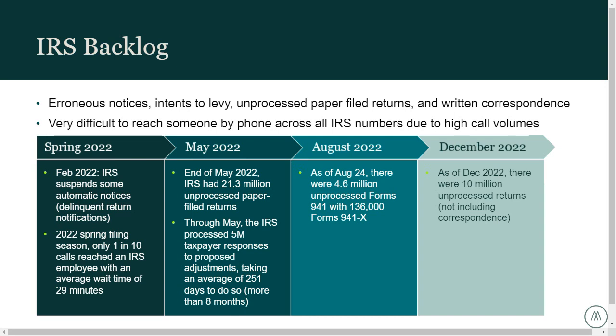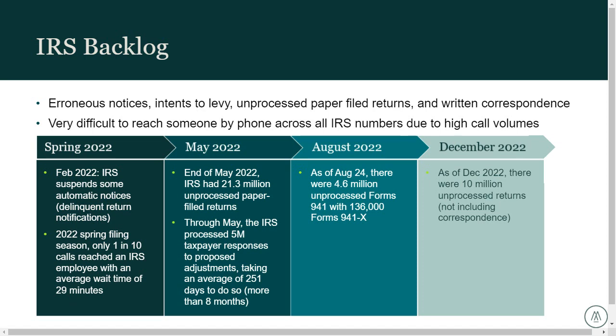And then the correspondence that was sent in return, of course, created kind of a circular loop, as the notices continued to go out because they had not yet processed the written correspondence that was sent in response. So the IRS does have a letter consolidation effort in place to try to minimize the redundancy in the communications that are being sent out to taxpayers. However, over the course of the 2022 tax year, many taxpayers were not able to benefit from its effectiveness.